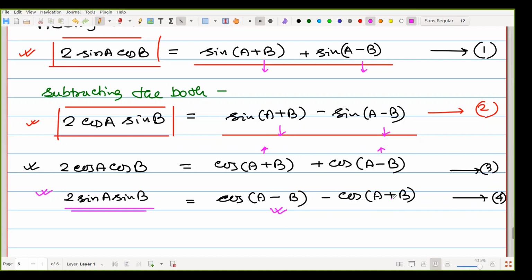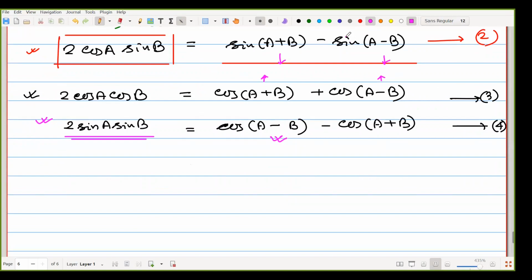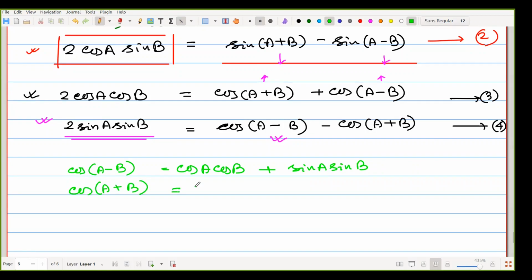If we consider the calculations, cos(A−B) is cos A cos B plus sin A sin B, and cos(A+B) is equal to cos A cos B minus sin A sin B.